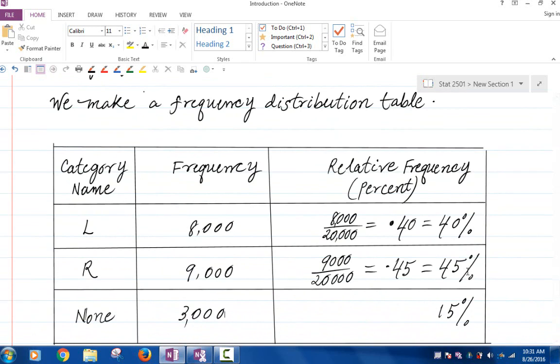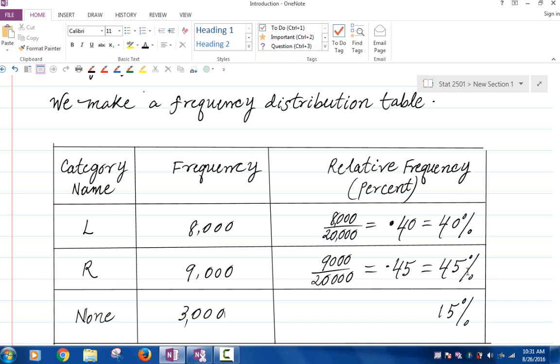Basically, among the 20,000 voters that we picked in the sample, 8,000 of them said they preferred Landon, 9,000 said they preferred Roosevelt, and 3,000 said they preferred none, right?